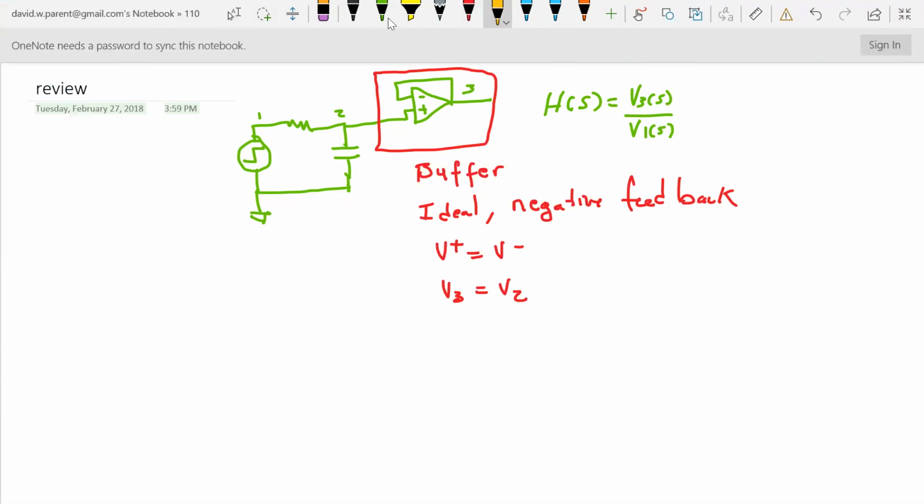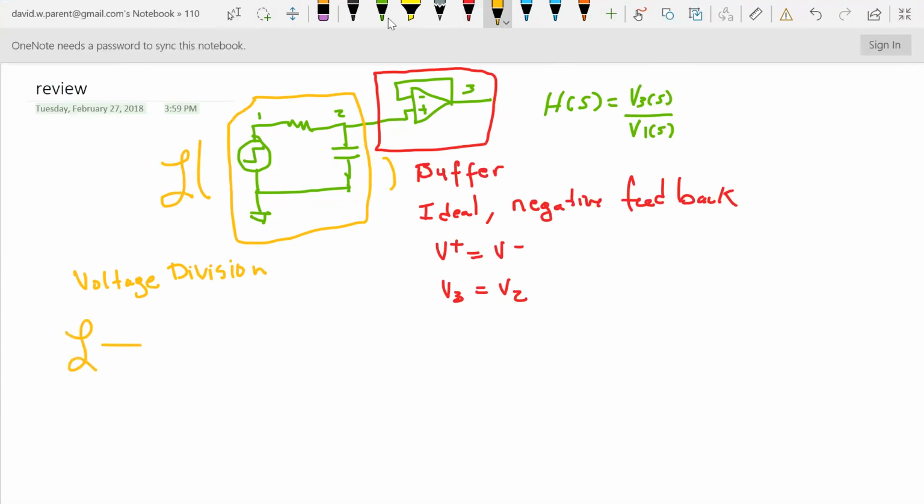The other part of the circuit is the RC time constant part of the circuit. And really, voltage division. But first, before we do that, we take the Laplace transform of the whole circuit.